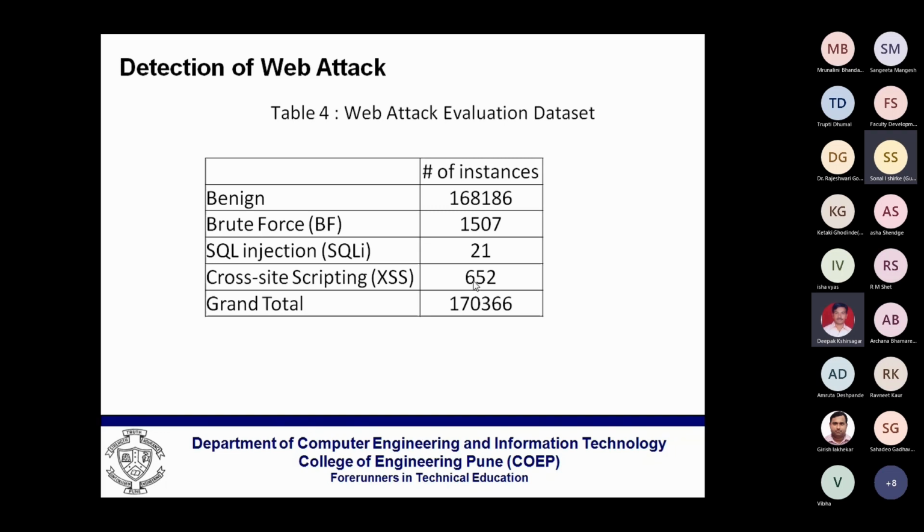We will take a web attack evaluation dataset from CIC IDS 2017. When you download that dataset, it includes 80 features, and it includes brute force attack, SQL injection attack, cross-site scripting attack, and the total number of instances is more than 170,000.